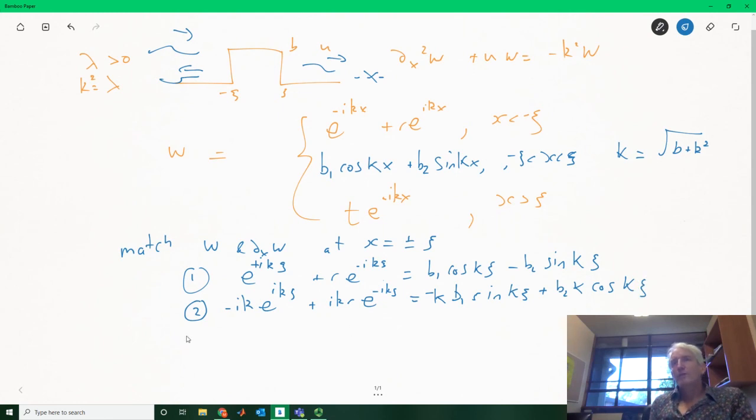Alright, and then likewise, that's it, this is at minus zeta, and we get two more equations at zeta. Okay, we can write them down as a matrix and we can solve that. There's not anything too dramatic about that, and it's not something that I'm going to emphasize too much trying to solve this equation. Okay, I'm going to finish there.